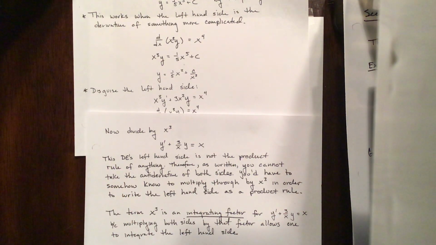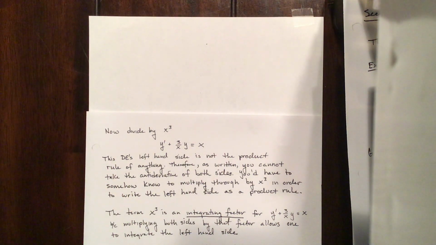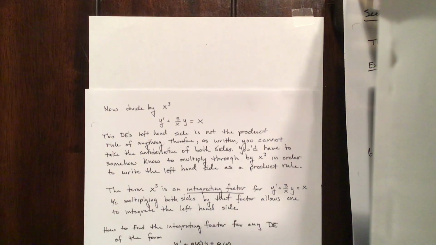And that is not at all obvious how to solve, even though we know that if we were to multiply by x cubed through each and every term, then the left-hand side would be the derivative of some product, and then we could integrate both sides once we figured out what that product was, and so on and so forth.